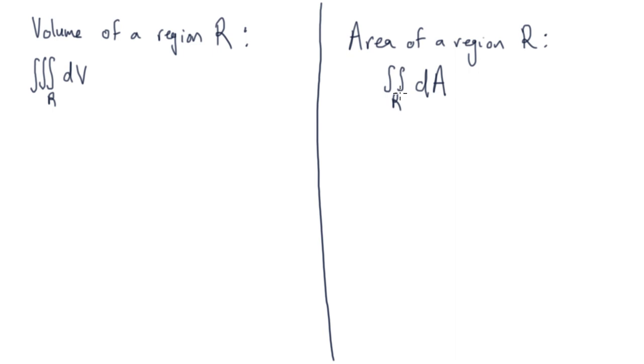So now suppose that this volume region or this area region is actually a physical object. Then it has a volume, but it also has a mass. And so what is mass?